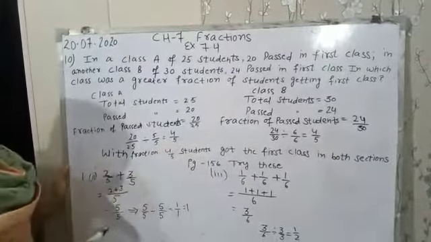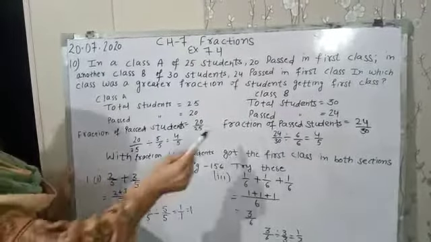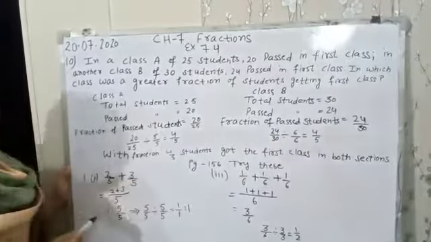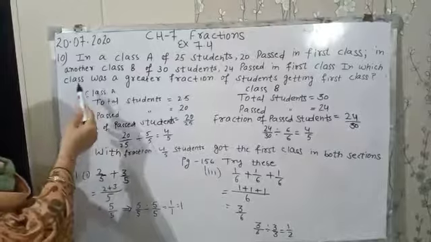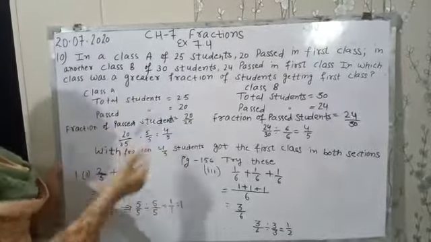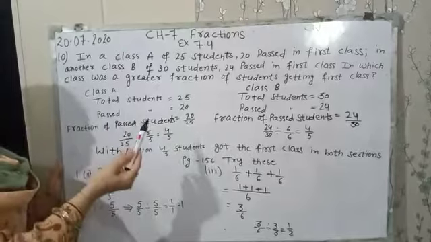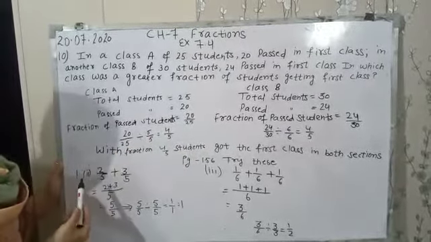In both classes, you can see in class A the fraction is 4 by 5 and in class B the passed students' fraction comes as 4 by 5. So what's the answer? According to our statement, we want to know in which class was a greater fraction. But when you find the lowest term of these fractions, you can see the lowest terms are the same.